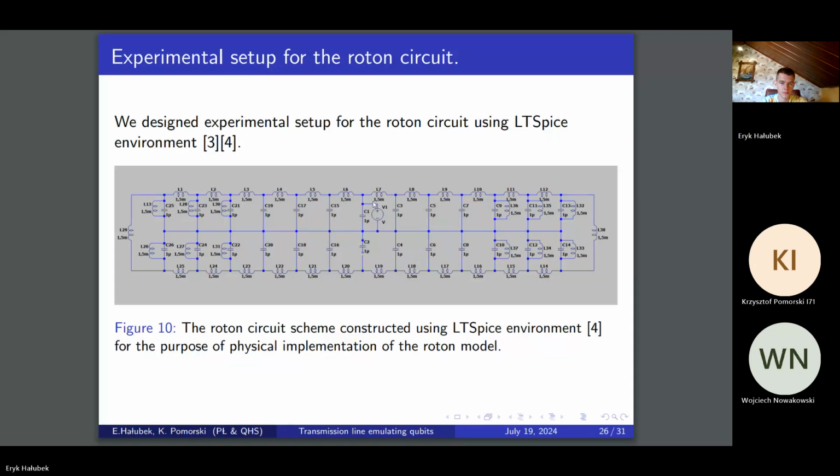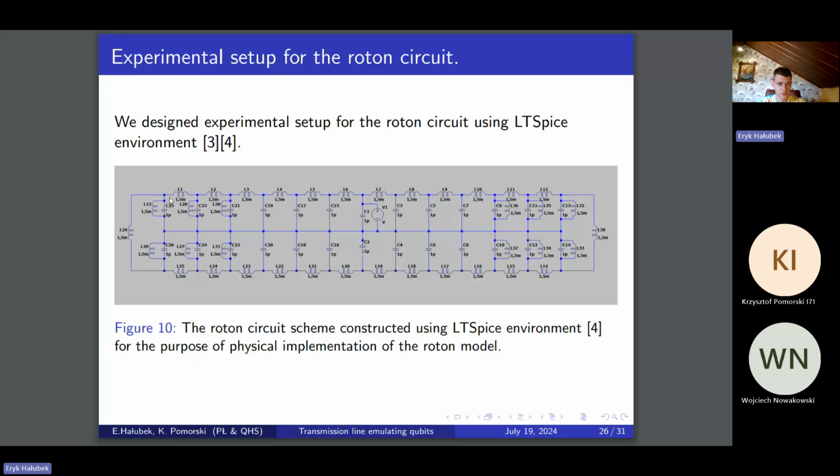So we can see that actually this roton circuit is something like one linear qubit connected with the other that is symmetrically mirrored, like the mirror symmetry in relation to the upper part.